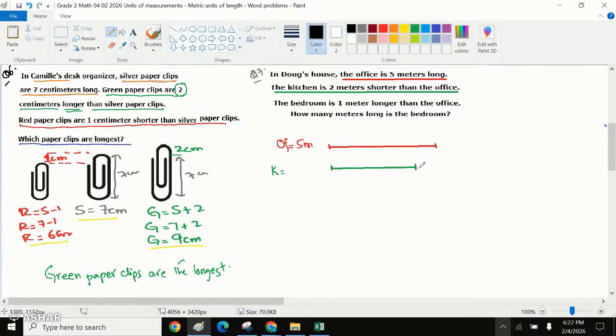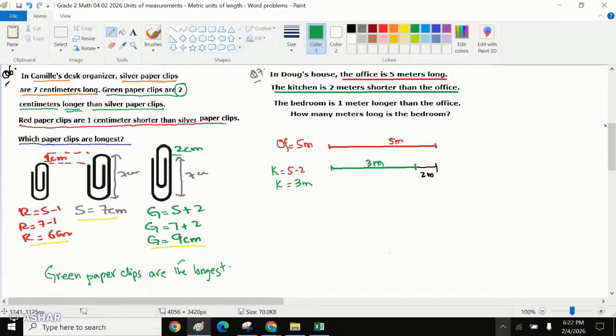If this total was 5 meters, can we say kitchen is 5 minus 2? And the kitchen comes out to be 3 meters. Do we agree?